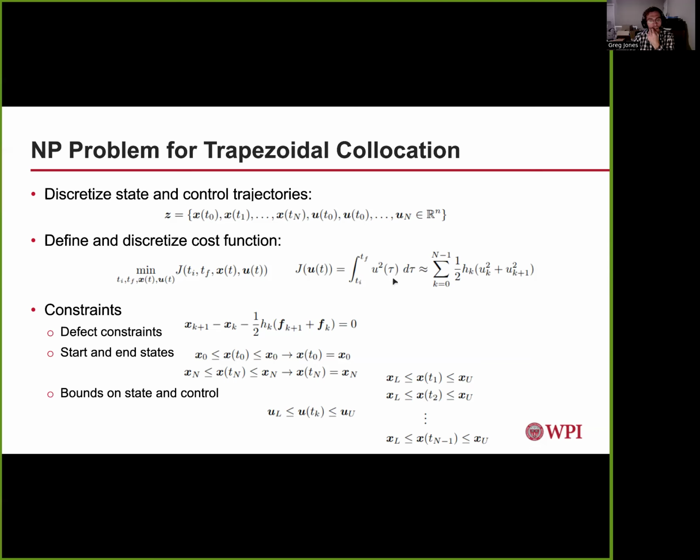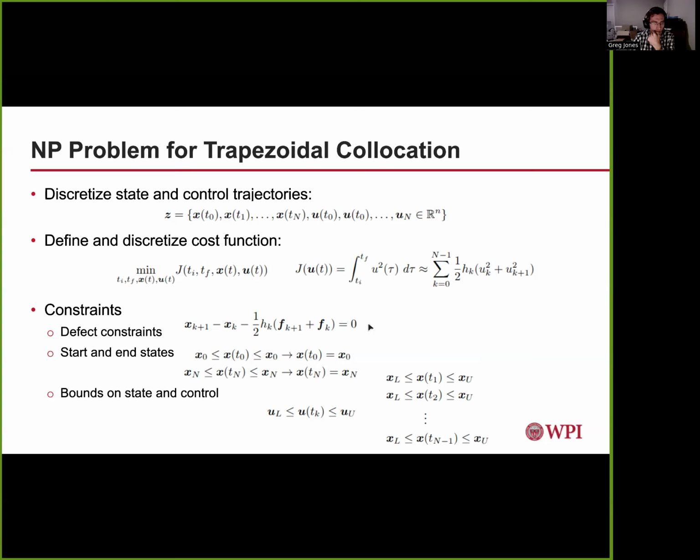In this case, we selected the cost function as the square of the norm of the control input, which is taken to be the joint torque vector, and integrated over the trajectory, and then that's approximated using trapezoidal quadrature.